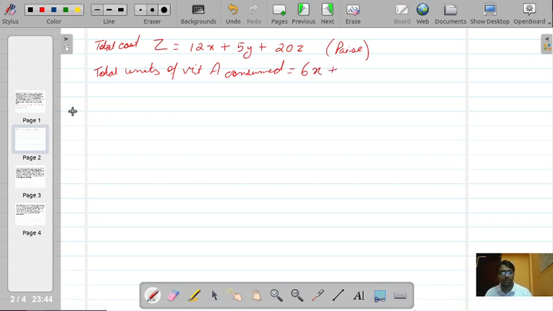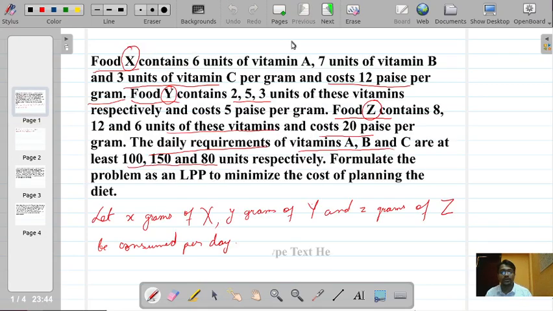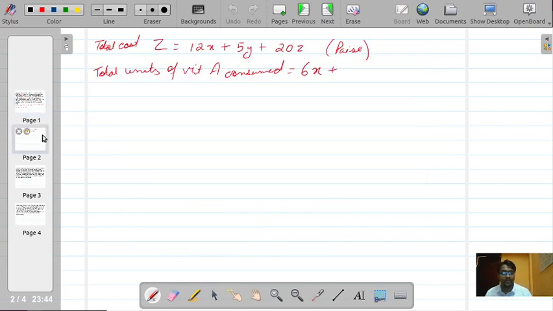The second one contains 2 units per gram, and the third one contains 8 units per gram, so it's 6x plus 2y plus 8z. This is the total units of vitamin A consumed.